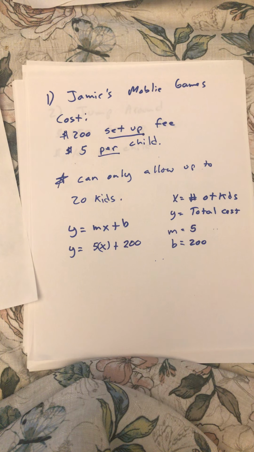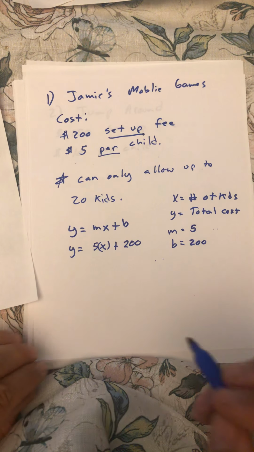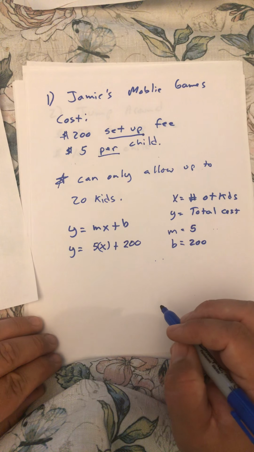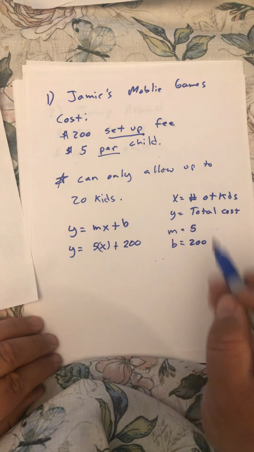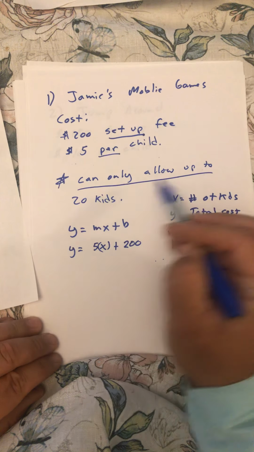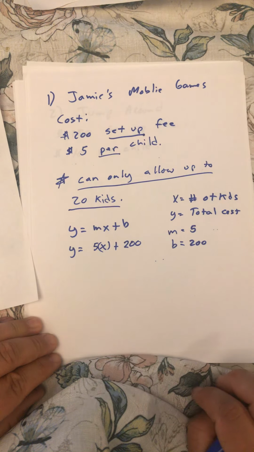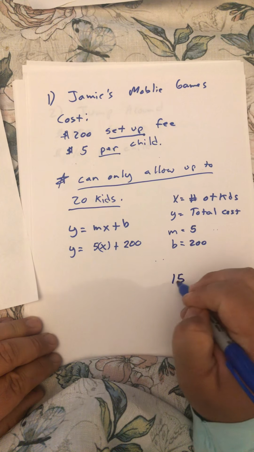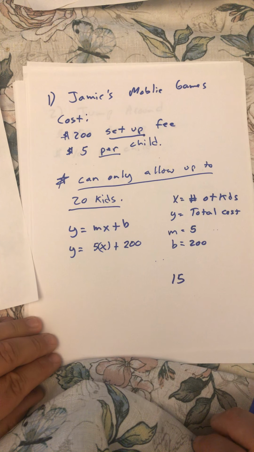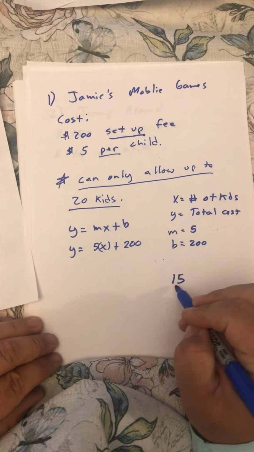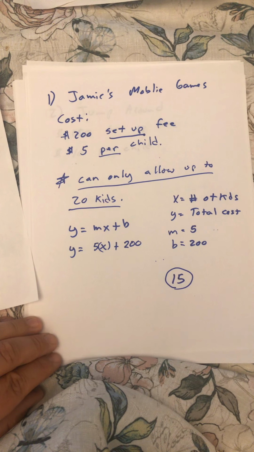Now, we have to figure it out for 15, 25, and look at this. Oh, can only allow up to 20 kids. So we need to just figure this one out for 15 kids because I guess the video game people can't have more than 20 kids or else it's just not fun anymore. So this now is my independent variable.